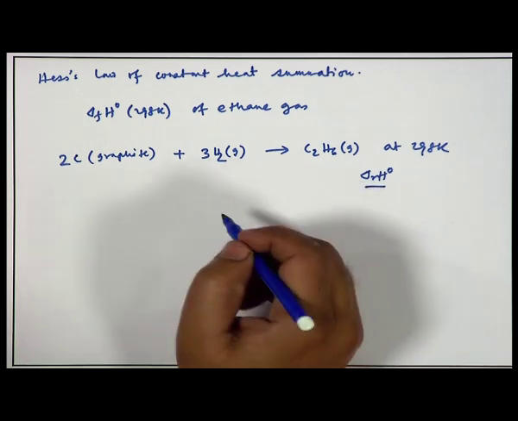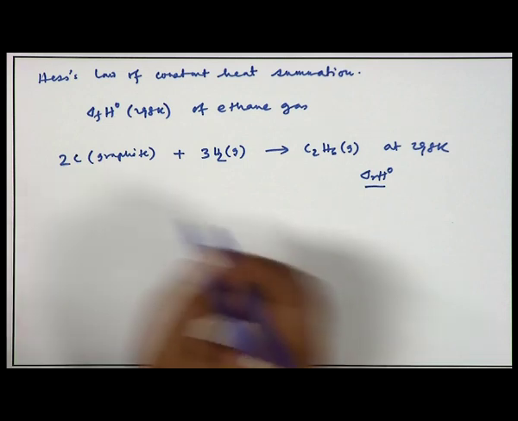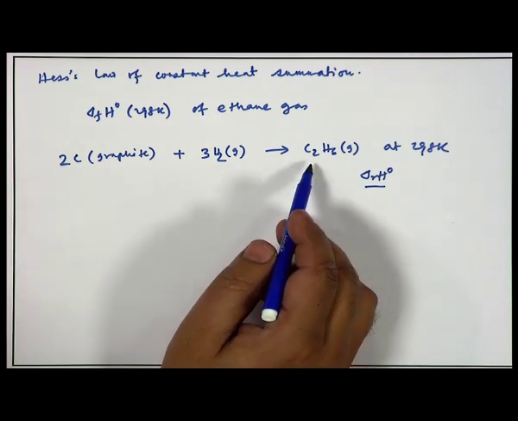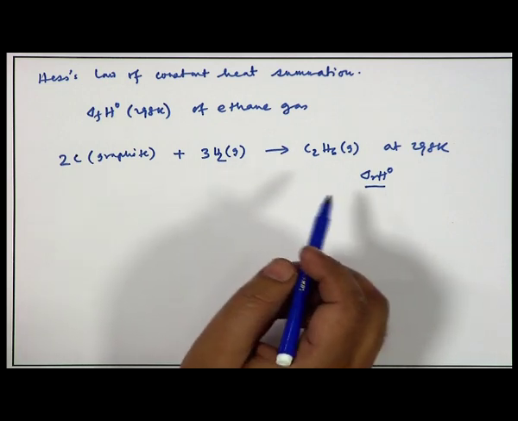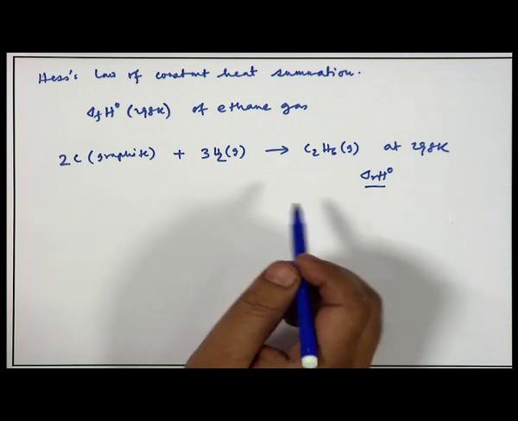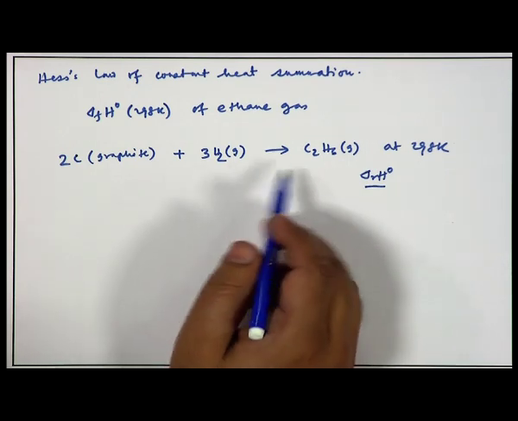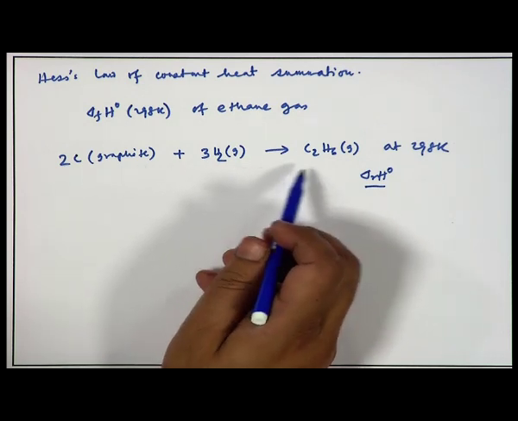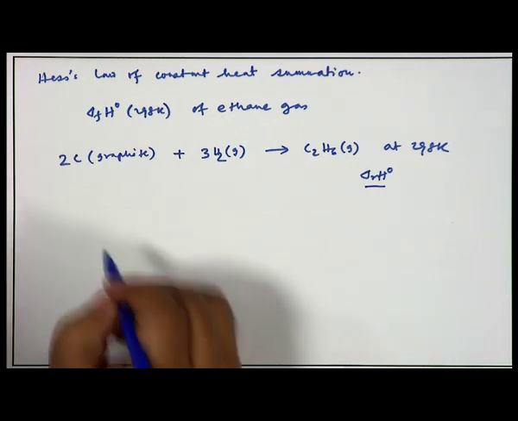So, we have to take an indirect path. What is the indirect path we can think about? We can measure the heat of combustion of graphite, hydrogen and ethane, and then using those three reactions we can find out the enthalpy of this formation reaction. We will give you an example.